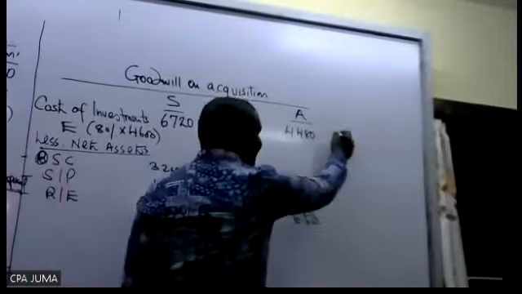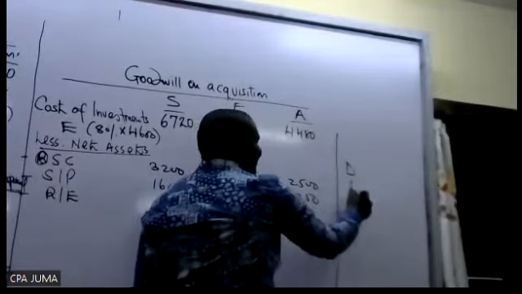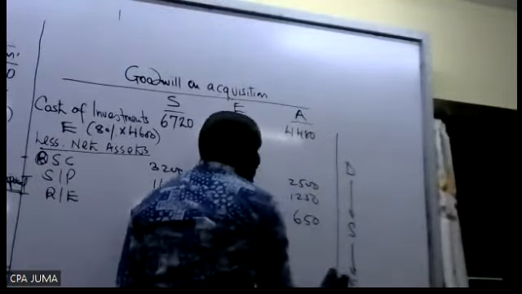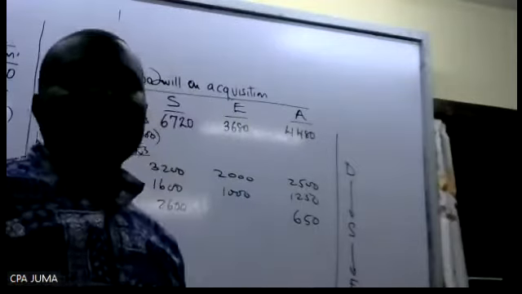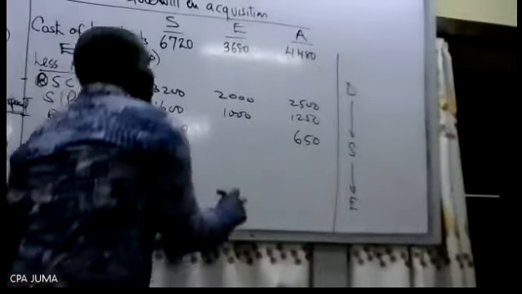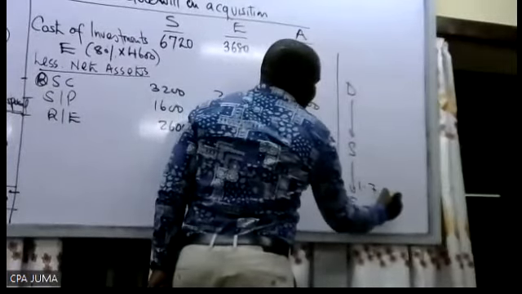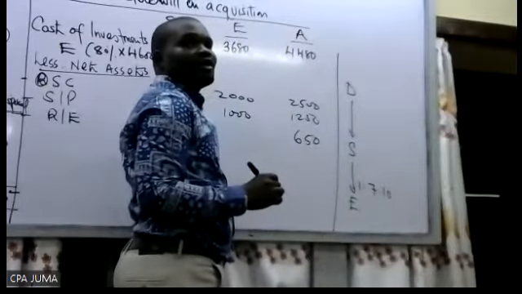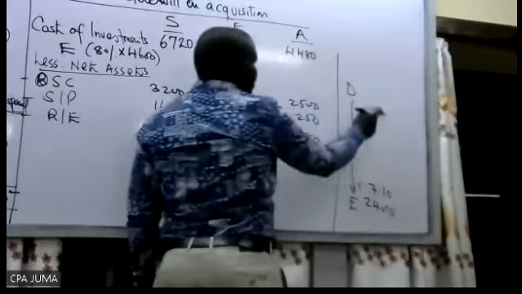You can't guess why the exam has 2,750, it wasn't put there for fun. B acquired S, S acquired E. When did S acquire E? S acquired E on 1st July 2010. And what was the profit on that date? 24. Okay. When did B acquire S?